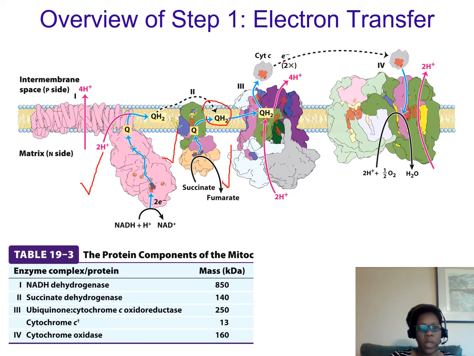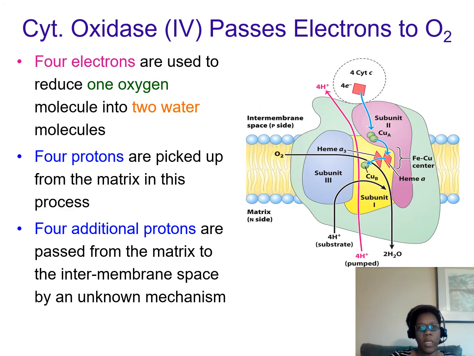So now here we are in complex 4, which is called cytochrome oxidase, and our final electron acceptor is going to be oxygen. So again, we've moved that from complex 3. Our electrons are being carried by cytochrome C, and the cytochrome C is going to interact with complex 4, which is called cytochrome oxidase.